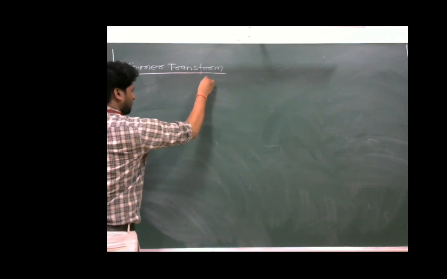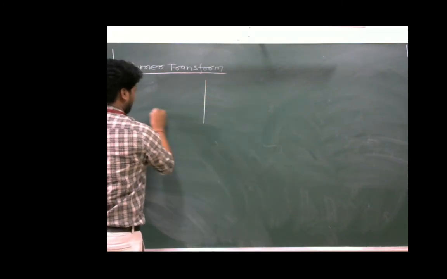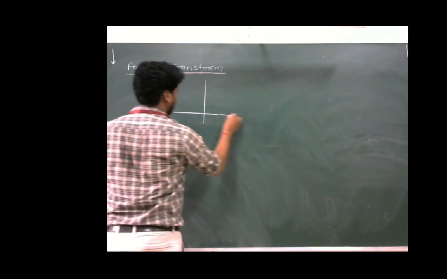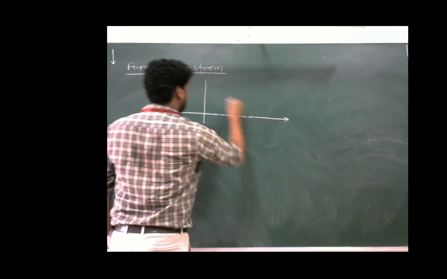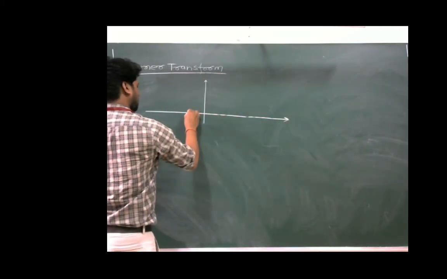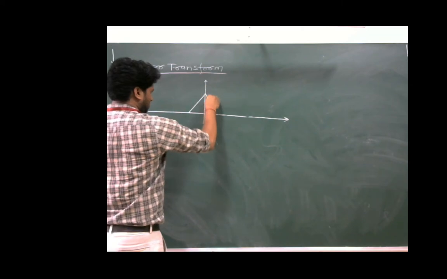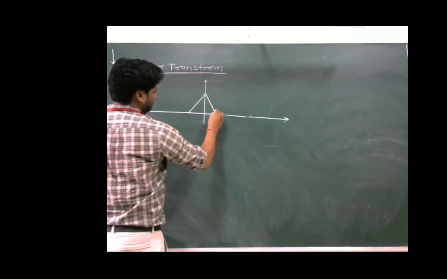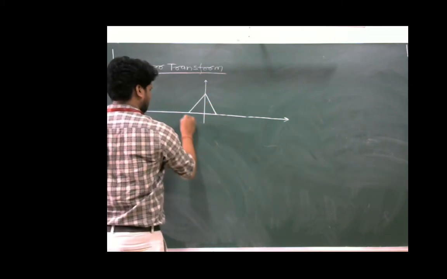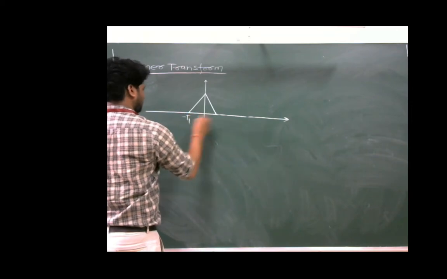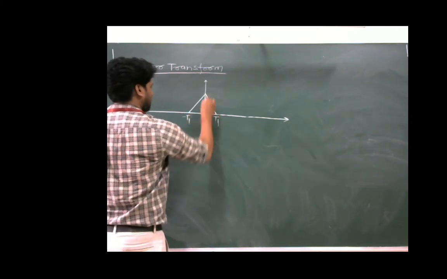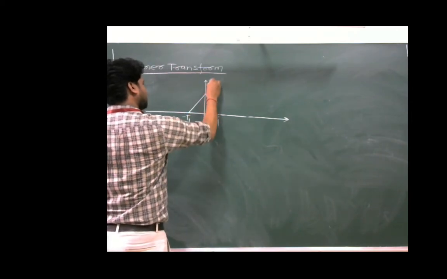Consider some random signal. Suppose it is something like this. Suppose this is from minus t1 to t1 and its amplitude is 1.